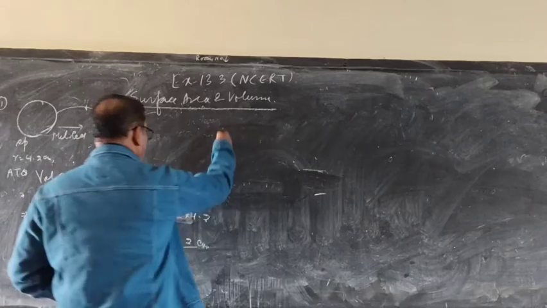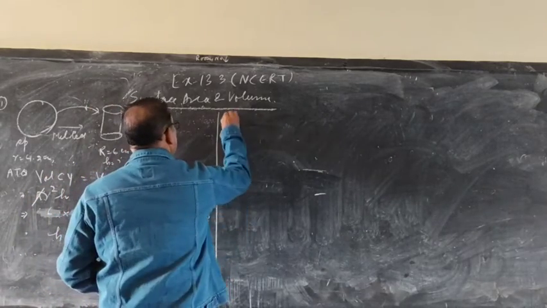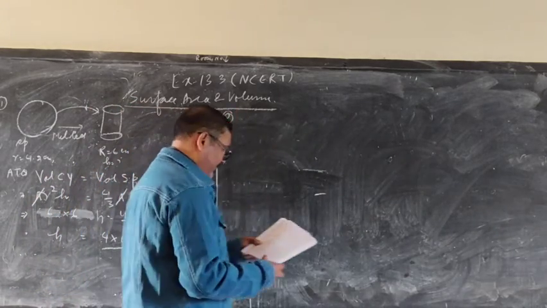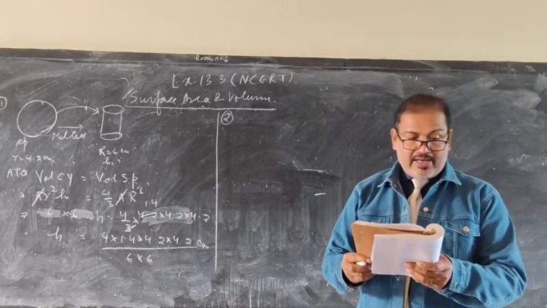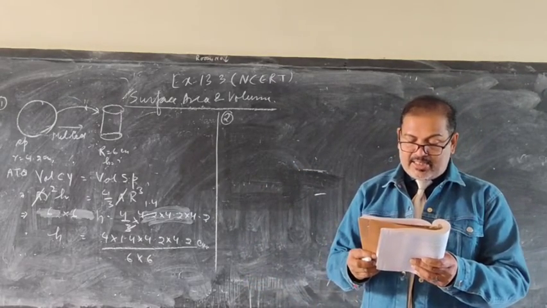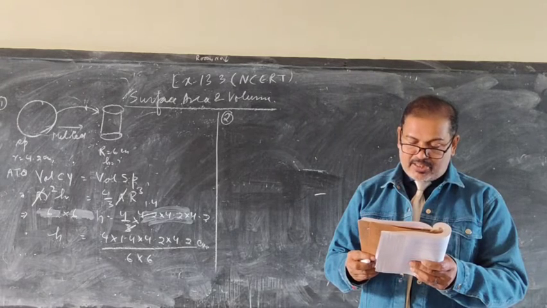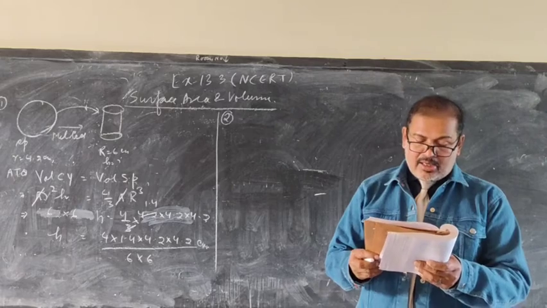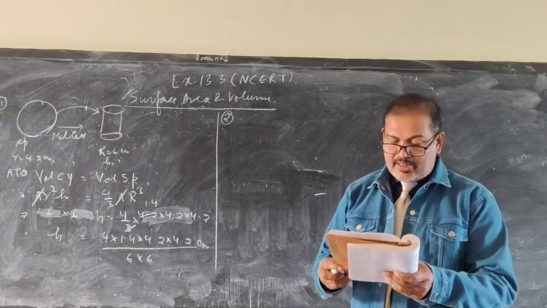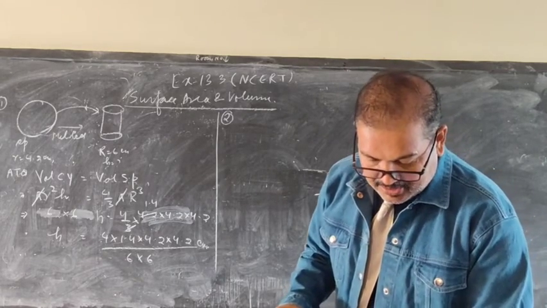Now, see question number 2. You are given metallic spheres of radius 6 centimeter, 8 centimeter, and 10 centimeter respectively, which are melted to form a single solid sphere. Find the radius of the resulting sphere.